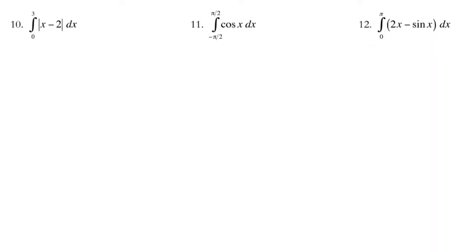Now for our next problem, we're going to have to do something a little different with it. The problem is our absolute value function. If we sketch this, and it's a good idea for us to, we know an absolute value is in the shape of a V, and we know for this particular function we've moved 2 places left.